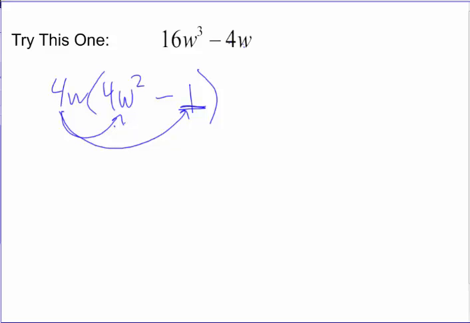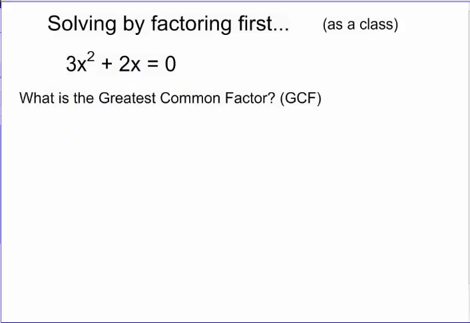There's a 1 there. So you have to multiply 4w times 1 to get 4w. So if you take everything out of the expression, then you have a 1 left because you have to multiply by 1.